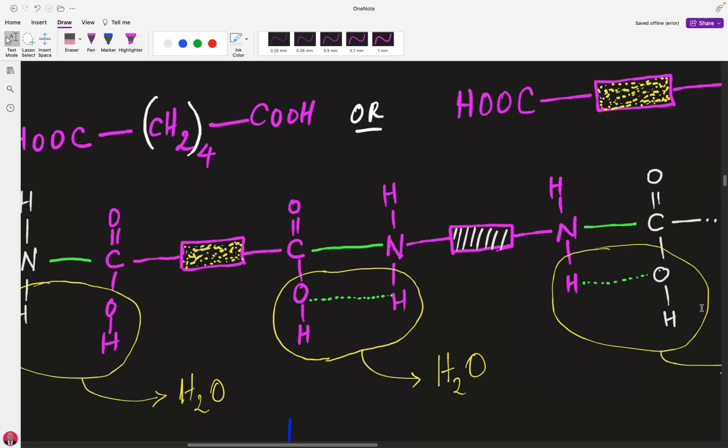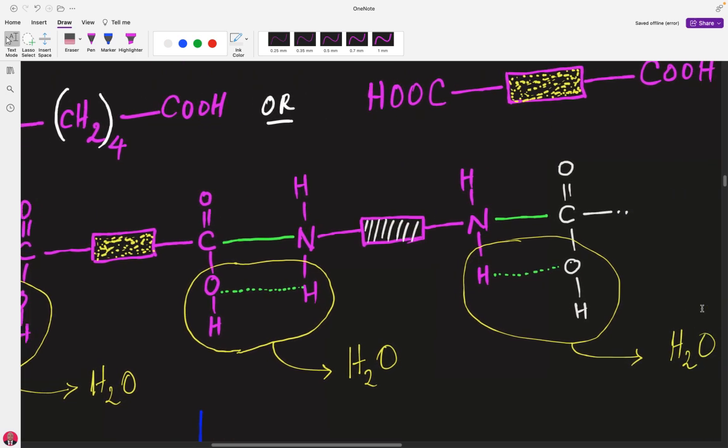As we keep on adding hexane 1,6-diamine, a molecule of water is released. As we also add hexane 1,6-dioic acid, a molecule of water will also be released from the reaction between the amine group and the acid group, as you have seen here.